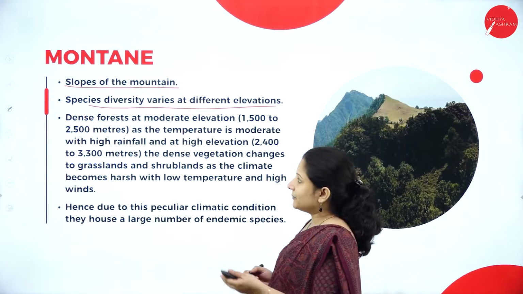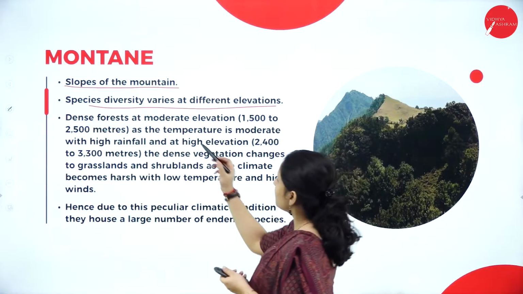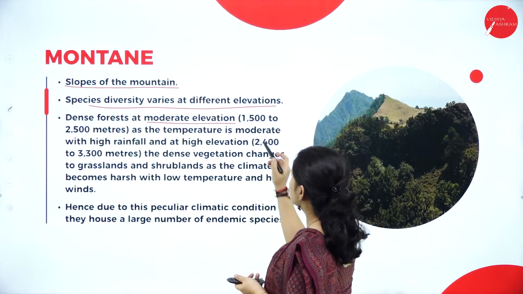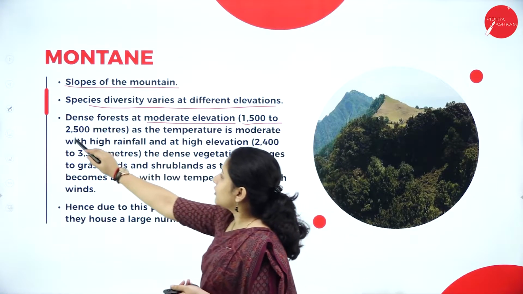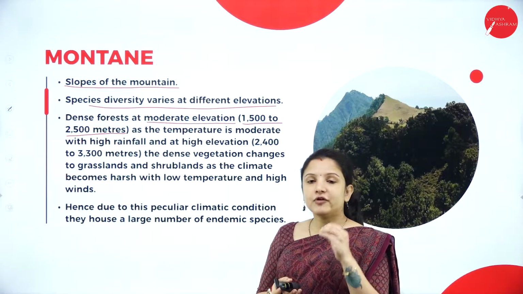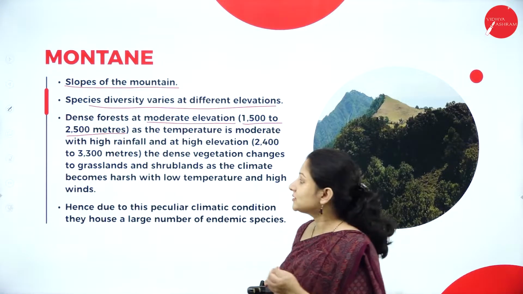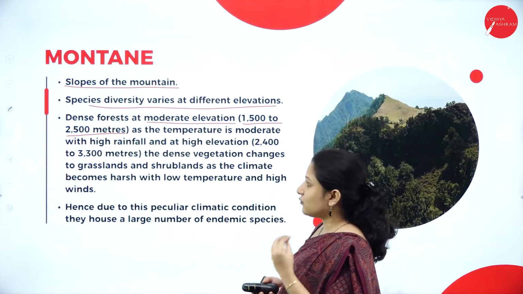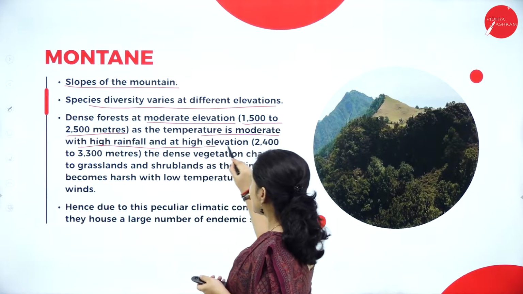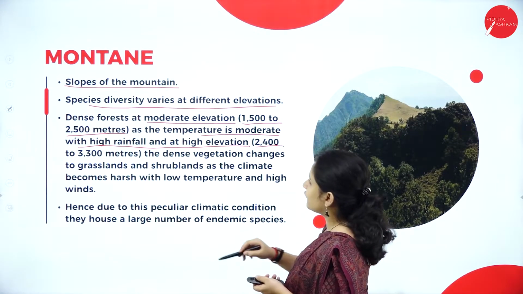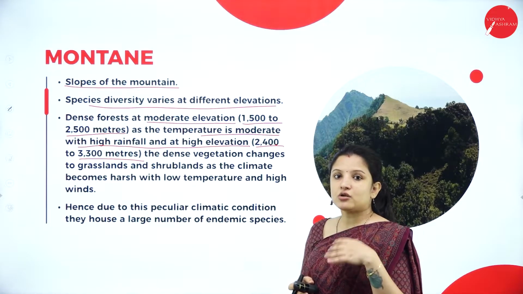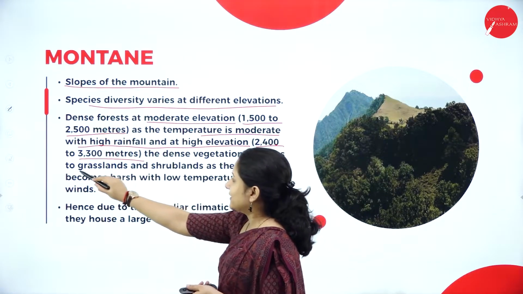For example, there are dense forests at moderate elevation of the mountain, where the slope is about 1500 to 2500 meters, and the area is filled with rich dense forest. As the temperature is moderate, having very high rainfall, at higher elevations of 2400 to 3300 meters the dense vegetation will change to grasslands and shrublands.